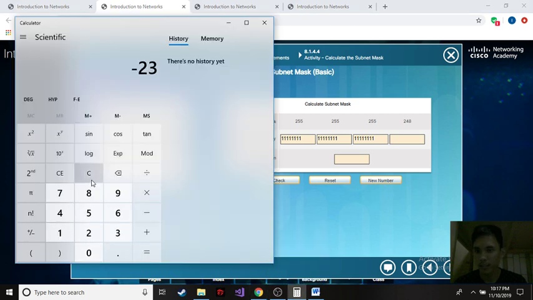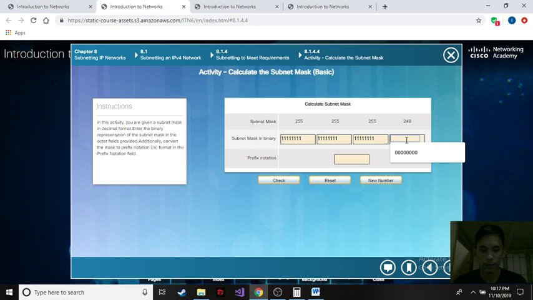So let's calculate it. First, 128 plus 64, so 192. Still not close to 248. So we will enter here 2 ones, then plus 32. Still not 248.